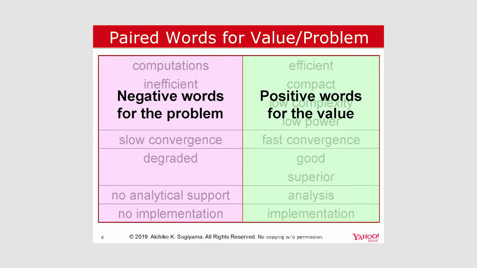You may use these words to describe the value, and also by using the words on the left-hand side, you can describe negative points of the problems which reside with usually the conventional or the existing method. Of course, these words are used in my field of research, so it is recommended that you make your own pairs by reading related papers.